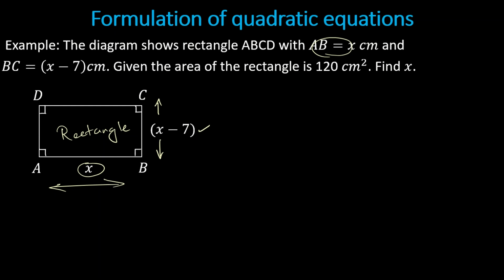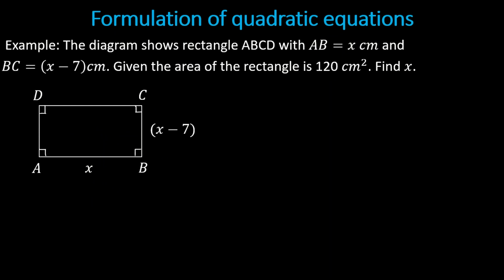And we are given the area of the rectangle is 120 centimeters squared. Okay, the area is 120. That's fine. We need to find x. And what is x in our case? X is the length of the rectangle. So indirectly the question is saying to find the length of the rectangle.